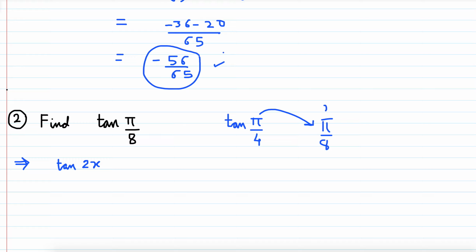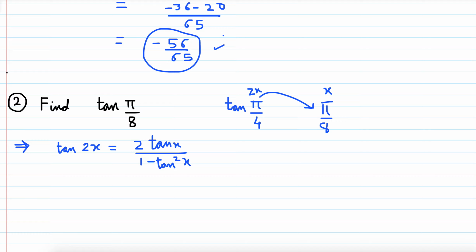So if this is x, this pi by 4 is 2x, and we know that tan 2x is 2 tan x divided by 1 minus tan square x. This we know.